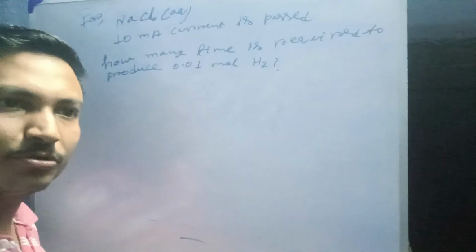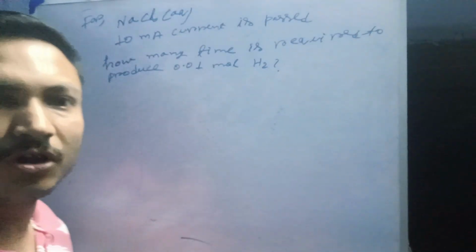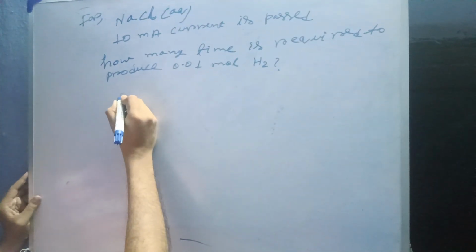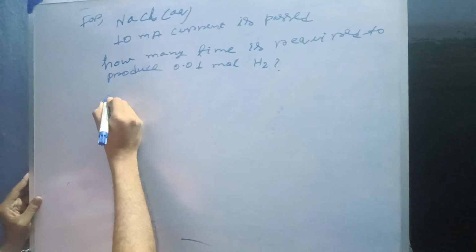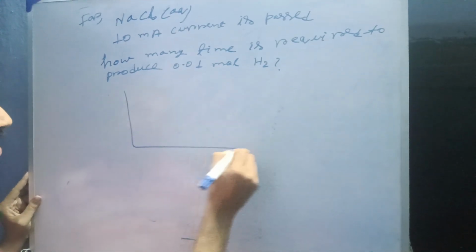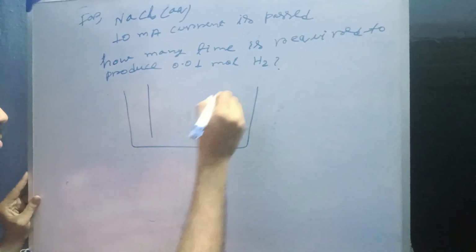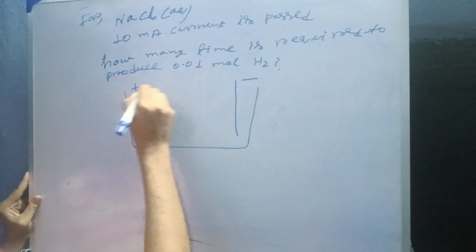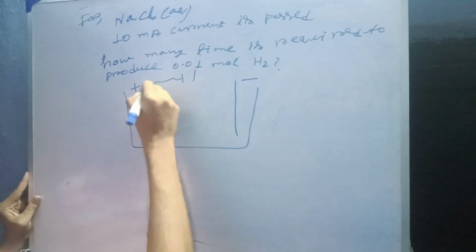Now first we have to consider the electrolysis reaction of NaCl in aqueous medium. In case of NaCl, NaCl and water both are present. This is cathode, this is anode, connected by a battery.